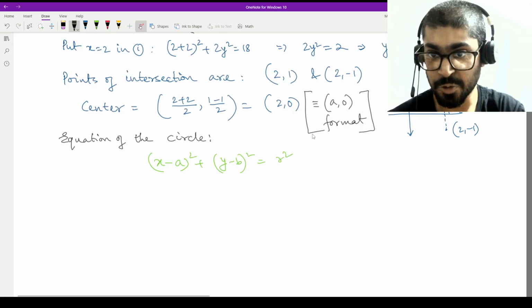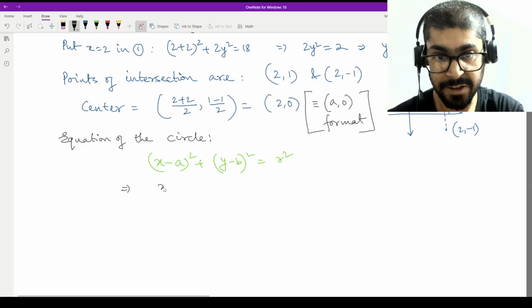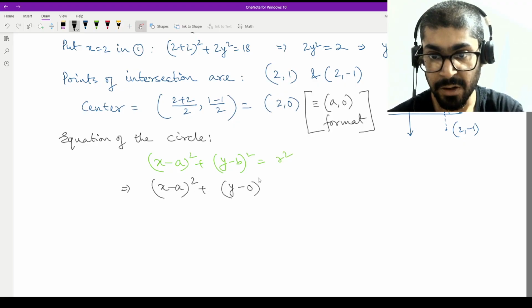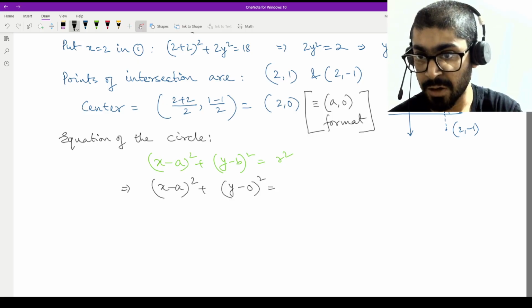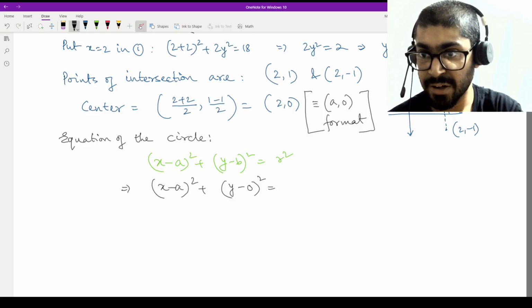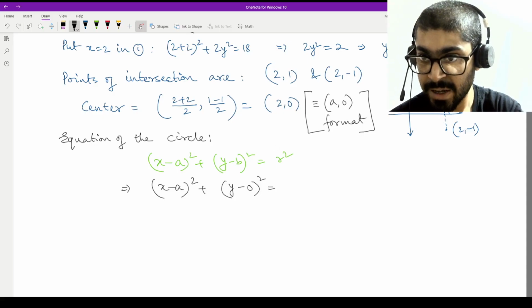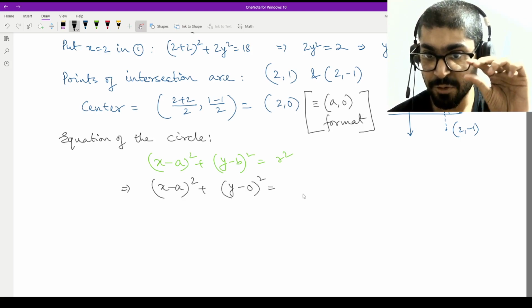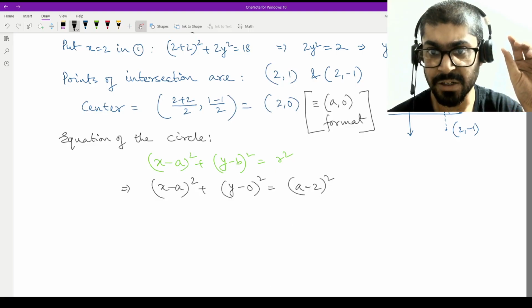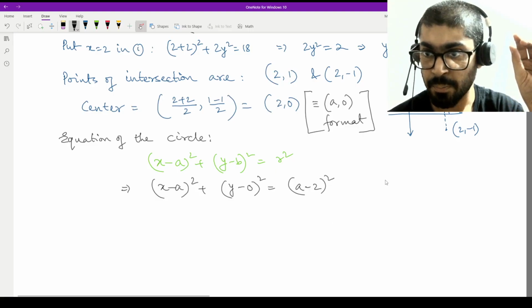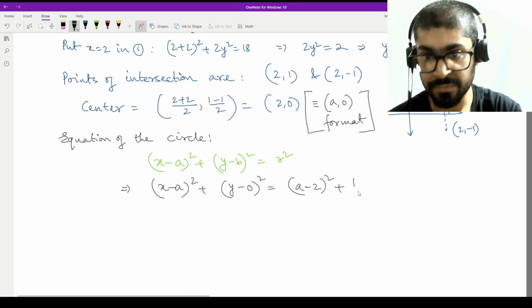Now I can just use this a comma 0 format and write it as x minus a whole square plus y minus 0 whole square, and this one will be r square. So r square is the distance between the center, which is a comma 0, and any one of these 2 points. So the distance there would be a minus 2 whole square, right? I can use the distance formula, plus 0 minus 1 or 1.